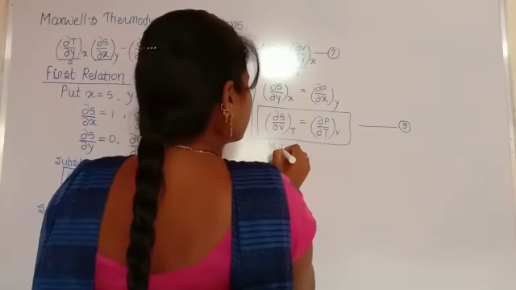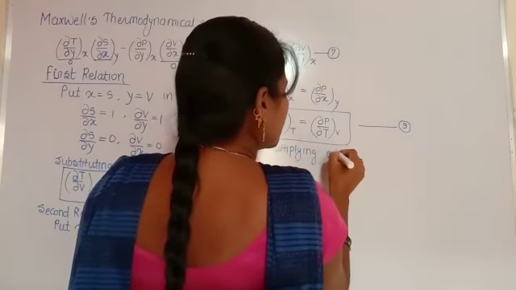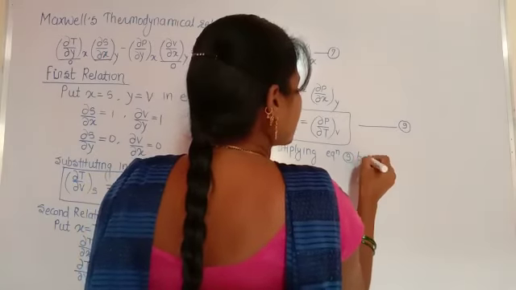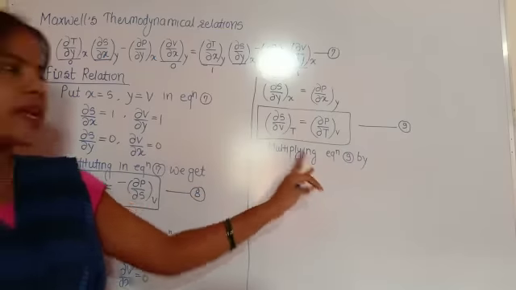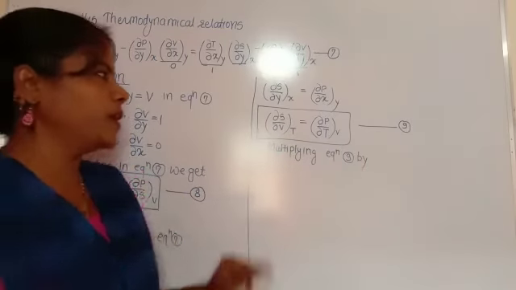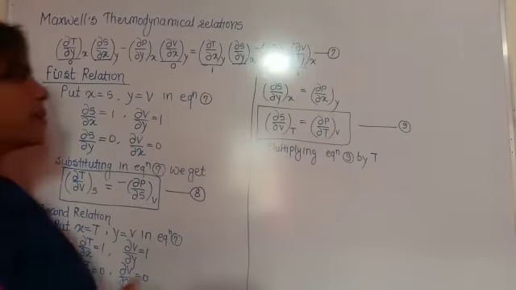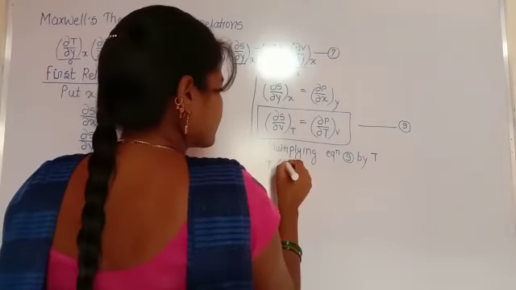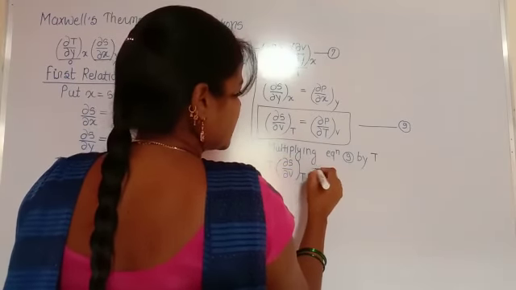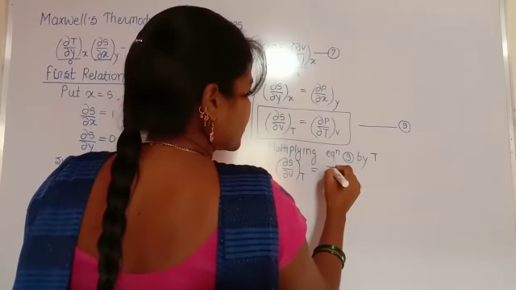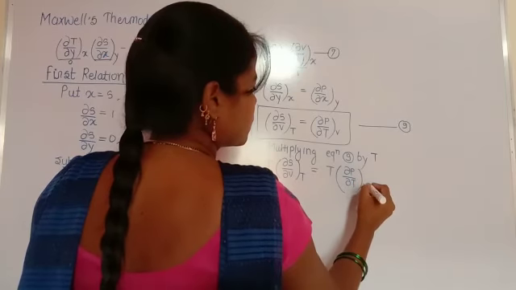Multiplying equation 9 by T on both sides, we get T into del S by del V at constant temperature is equal to T into del P by del T at constant volume.